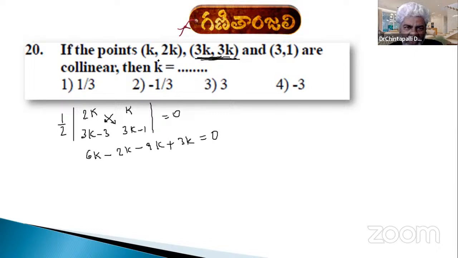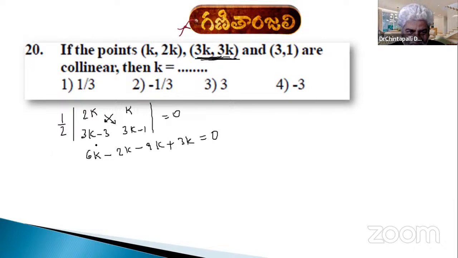Now 3K minus 2K, that is K, 3K minus 1. Okay, yeah, sorry.